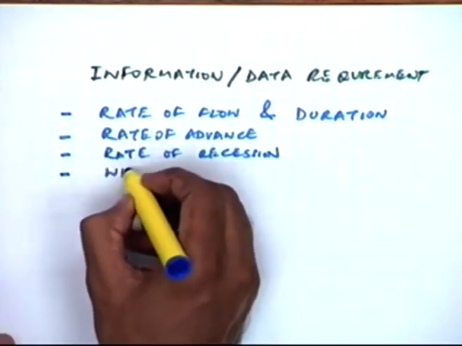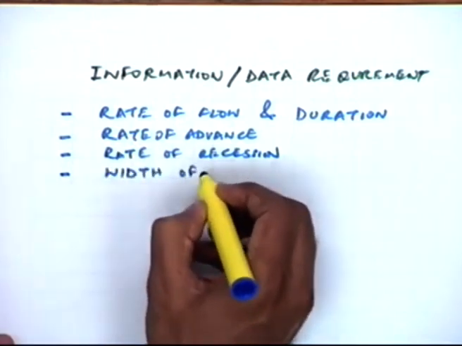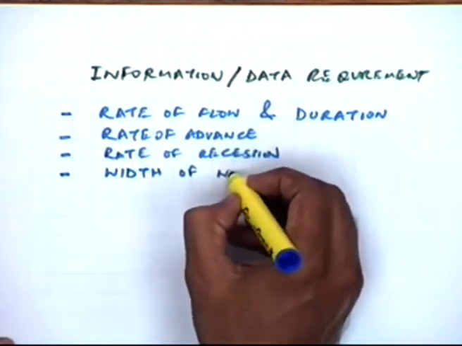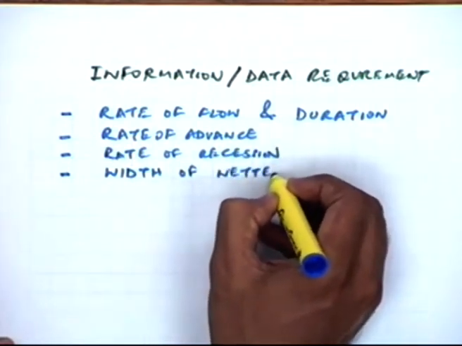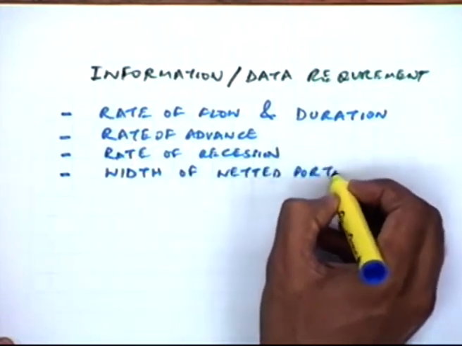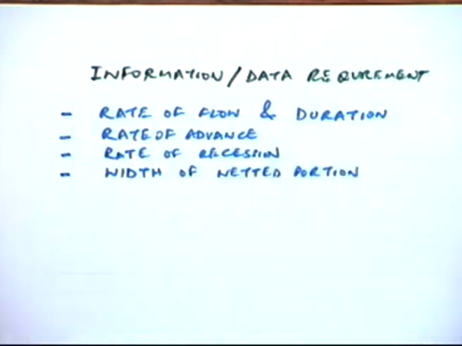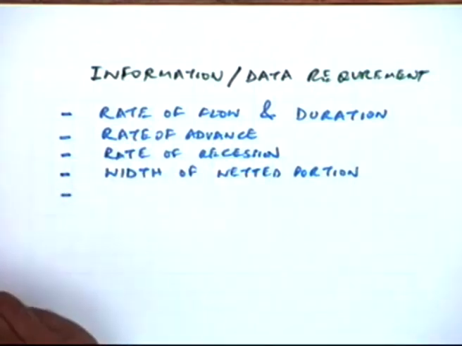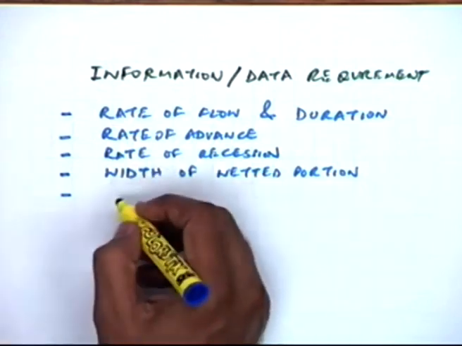You will also like to know the width of the wetted portion along the strip, to find out whether the width is uniform or not. That will also be required.